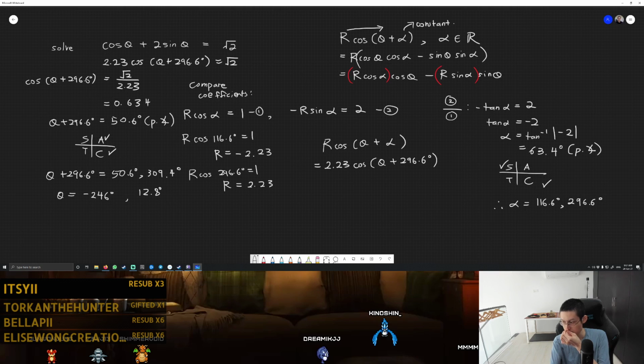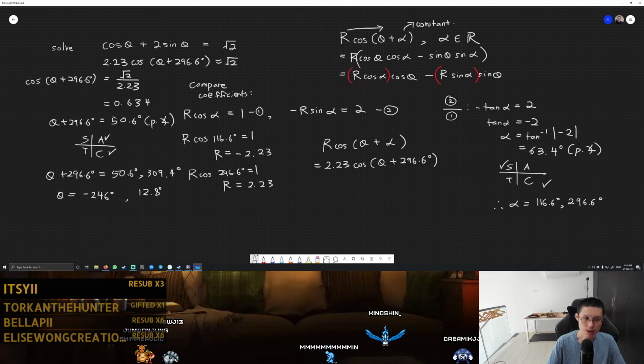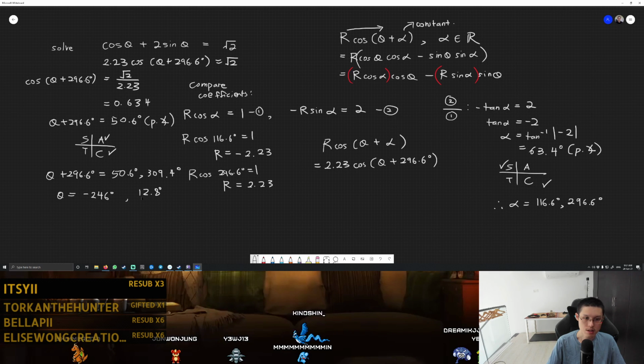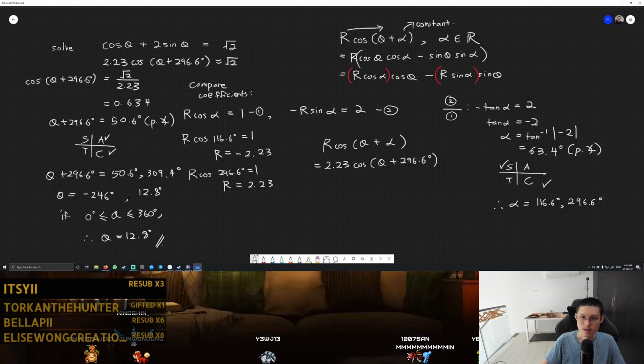And then depending on the domain of the theta they've given you, usually the theta is between 0 and 360, which means you would have to rule out the first answer. So your answer would just be 12.8. Okay, so if theta is between 0 and 360, therefore your answer is 12.8 degrees.